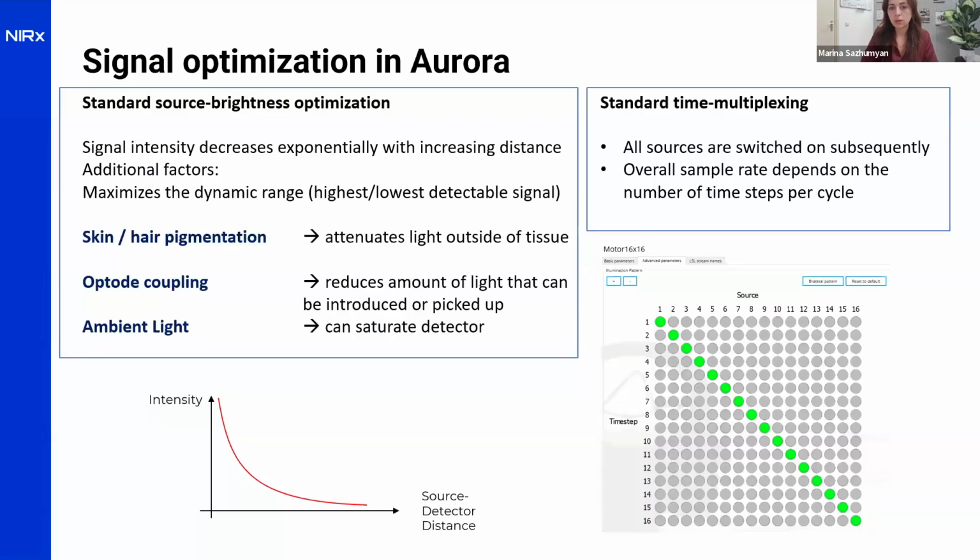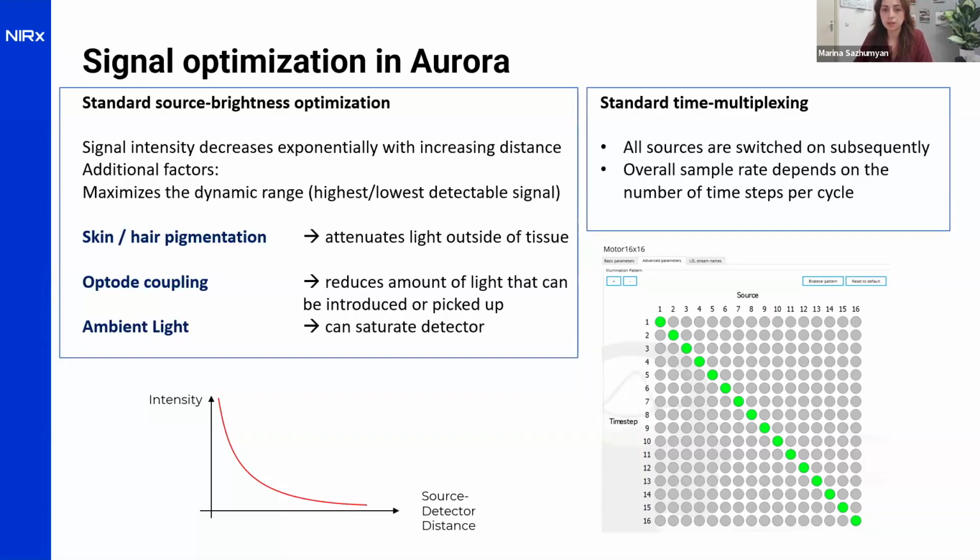All right, so what makes Aurora so versatile between subjects and between environments is its source brightness optimization feature. So Aurora enables to increase the dynamic range of the signal quality by optimizing each individual source.